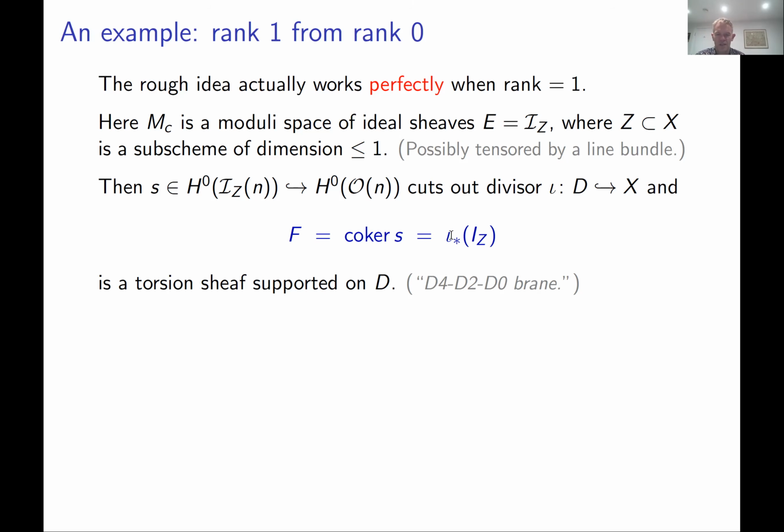It's just the trivial line bundle on the divisor, but with singularities along this Z, this curve and points inside X. And so we express that this way. So it's the push forward of the ideal sheaf of Z on the divisor, pushed forward to X. So it's made 0 on the rest of X. Anyway, this is what I believe physicists call a D4 to D0 brane.